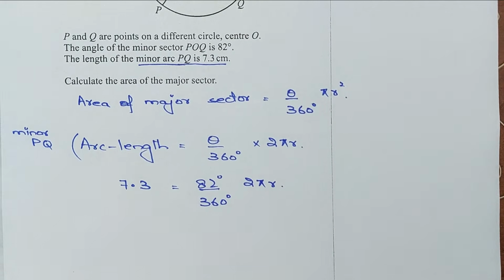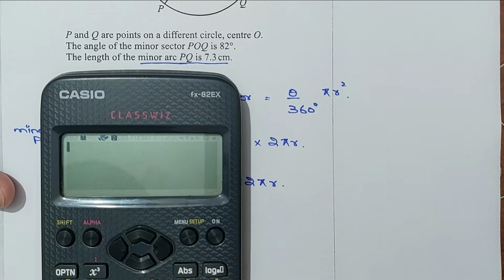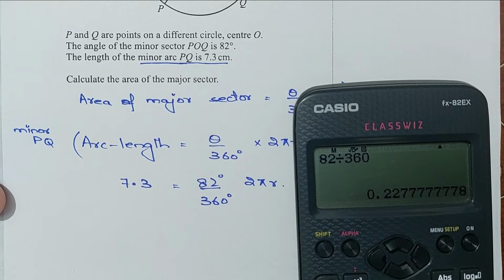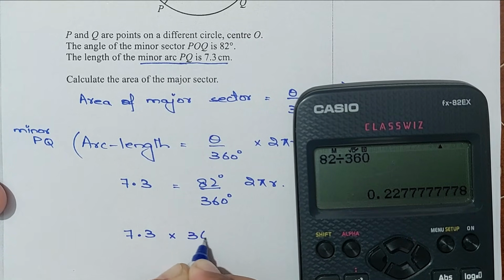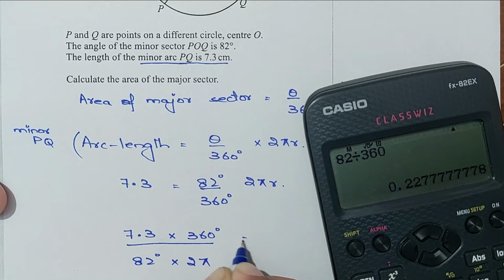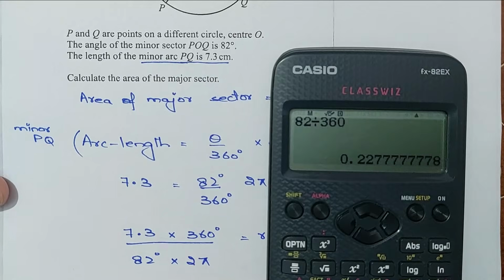So simplify 82 divided by 360 degrees. And we have 7.3 times 360 degrees, divided by 82 degrees, multiplied by 2 pi. This is my r, the radius.